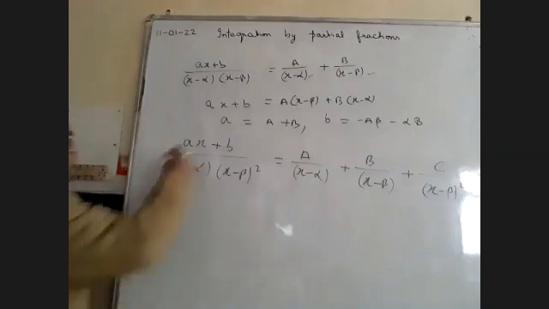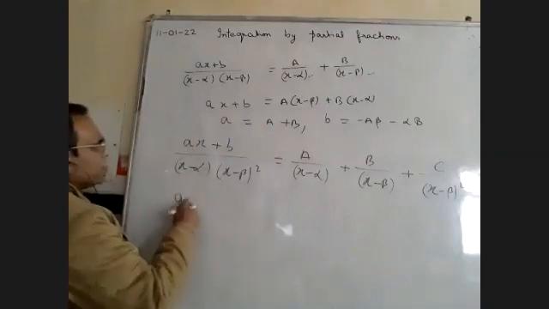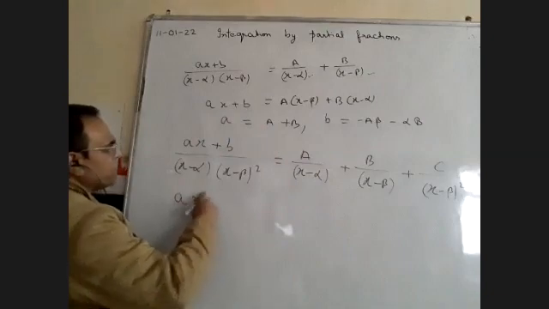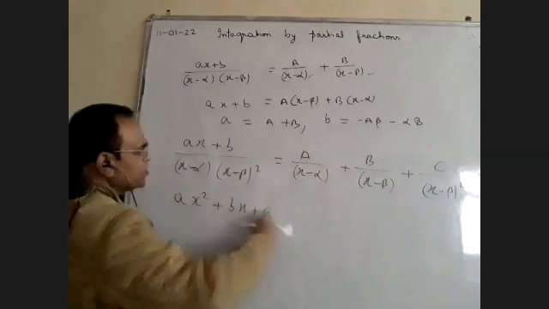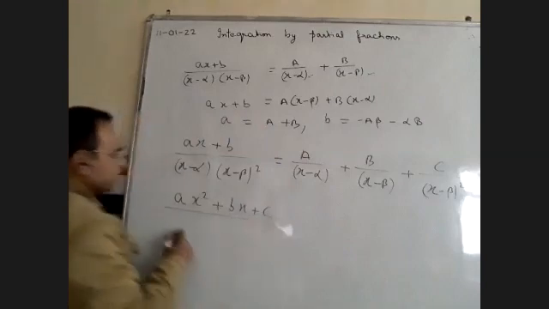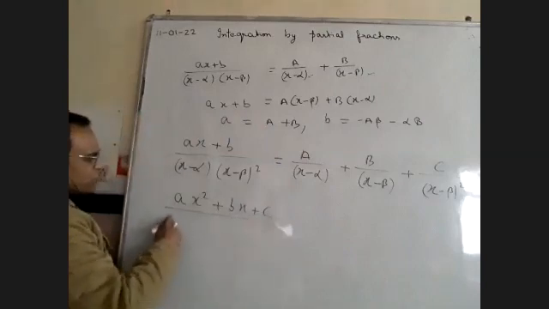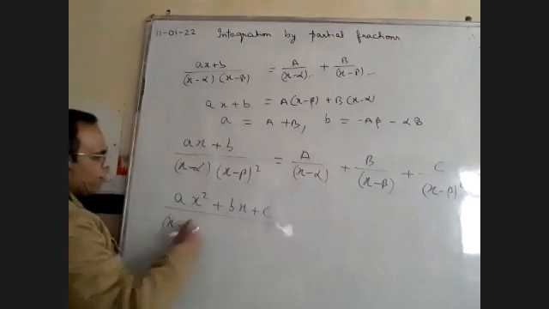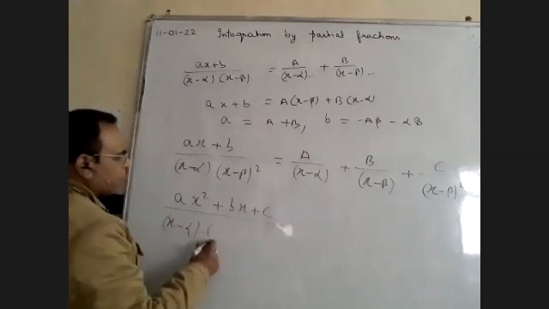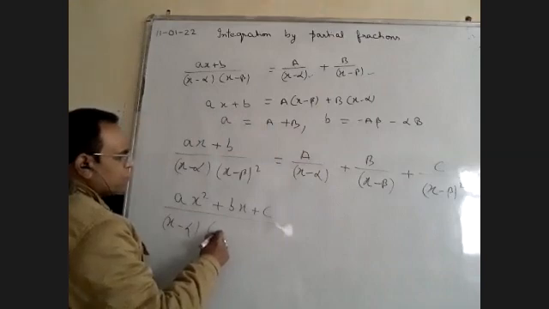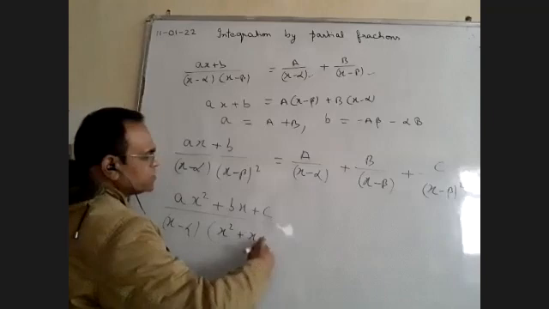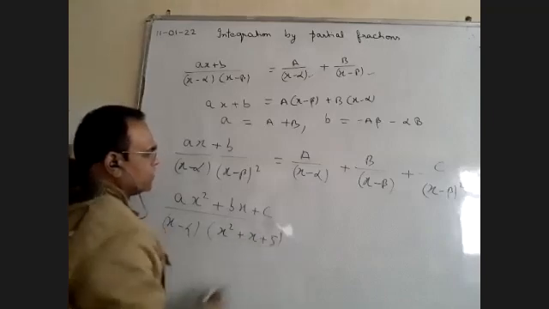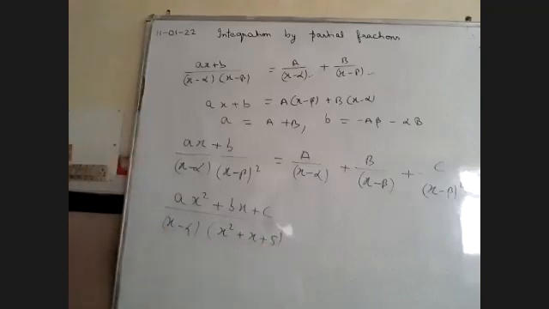If the numerator is linear or quadratic, it may be anything, ax square plus bx plus c, then we assume: suppose there is the root x minus alpha and there is some quadratic, suppose x square plus x plus 5. It cannot be factorized.